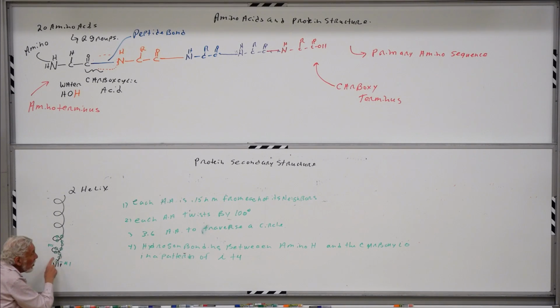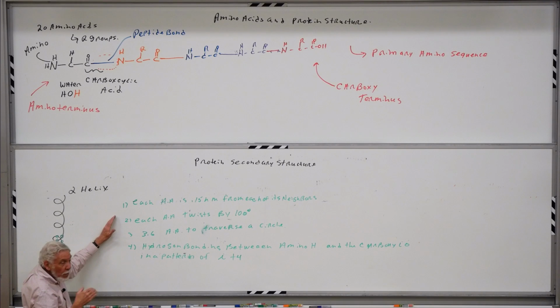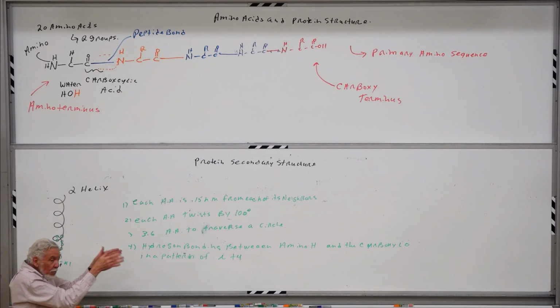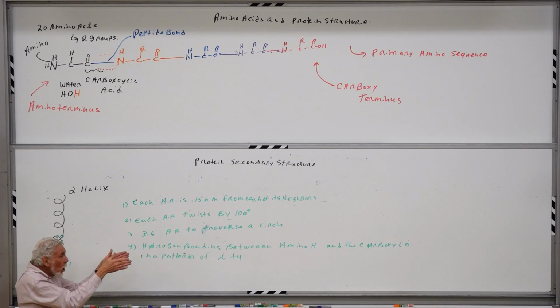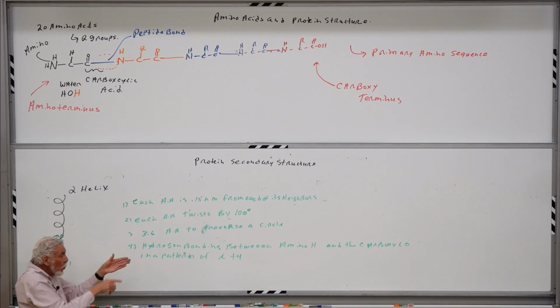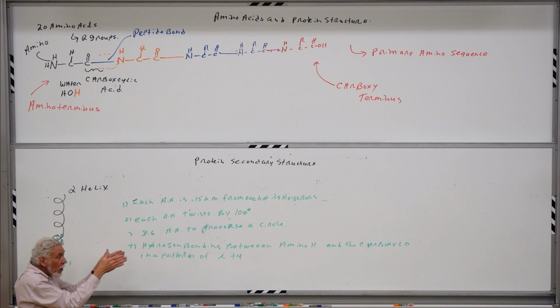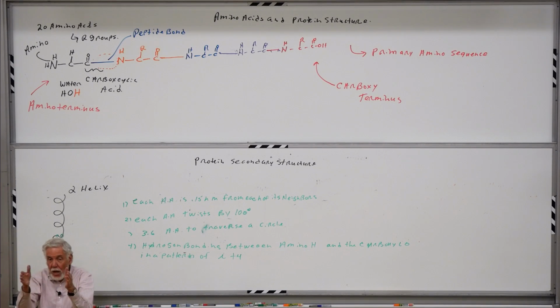But if you imagine the way we've laid this out as moving by 100 degrees, and we imagine that this first amino acid is effectively facing this wall. But now, to go to the next amino acid, we go up a step by 0.15 nanometers, but we turn by 100 degrees. So if I were to face out into the audience, that's 90 degrees, so go a little more. Then the next one is also another 100 degrees.